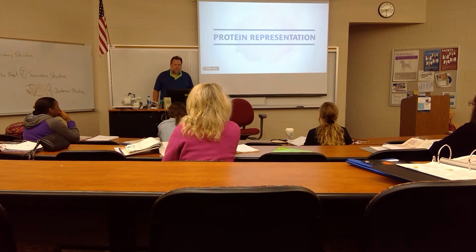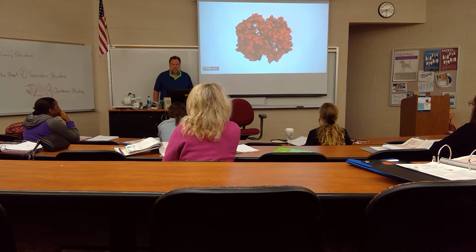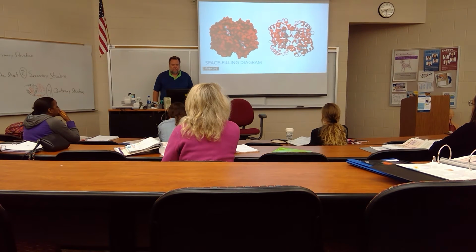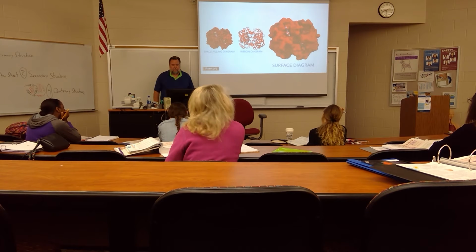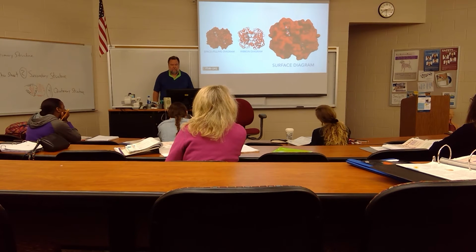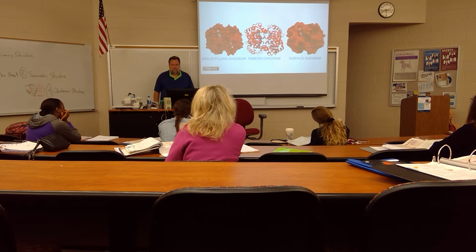Different visual representations of proteins can give us visual clues about protein structure and function. This space-filling diagram shows all of the atoms that make up this protein. This representation, called a ribbon or cartoon diagram, shows the organization of the protein backbone and highlights alpha helices. This surface representation shows the areas of the protein that are accessible to water molecules.